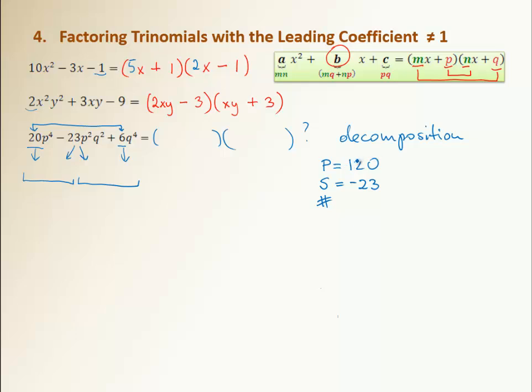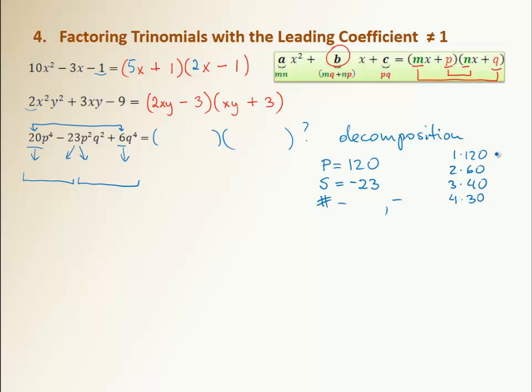Since the product is positive and the sum negative, both numbers need to be negative, and they need to add up to 23. So let's check some products. You can do it systematically just by listing all possible products that give you 120. For example, 1 times 120, 2 times 60, 3 times 40, 4 times 30, and so on.